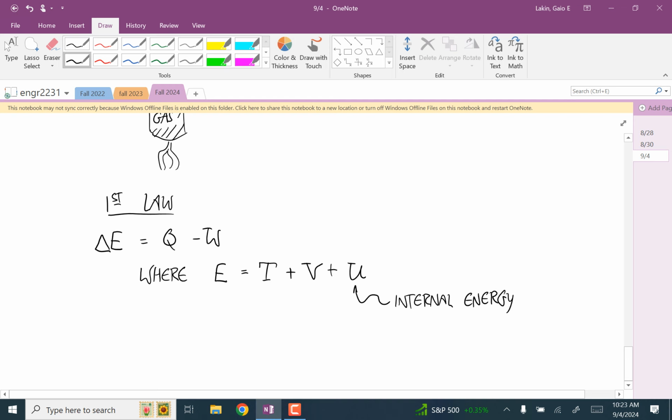How much internal energy the thing has is related to what the temperature of the system is or what phase it's in. If you add energy, you make the temperature go up, or you make the phase change.